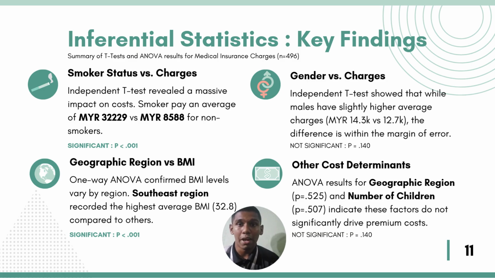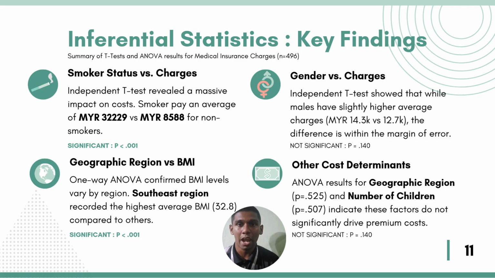In contrast, biological gender does not significantly alter costs, with p equal to 0.140, as the slight variation between males at 14.3k and females at 12.7k falls entirely within the margin of error.